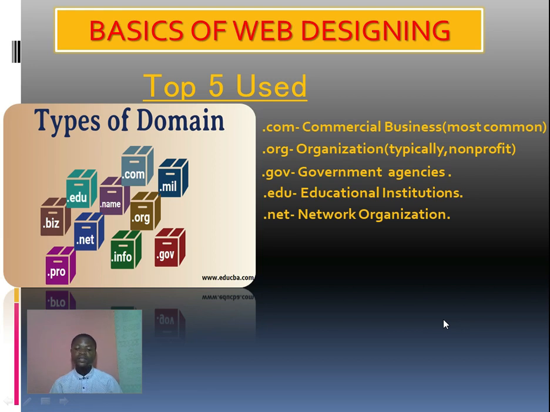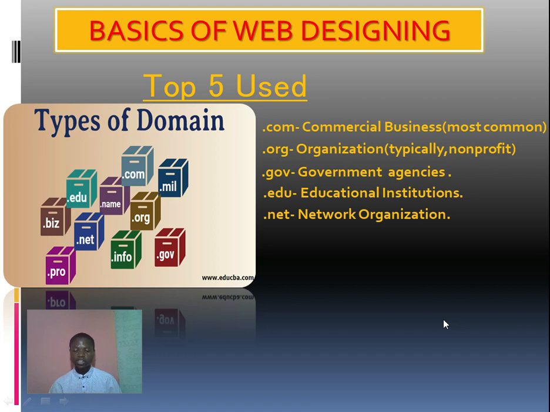You cannot be running a school and then decide to get .com or .net for your school. It is impossible, because your business is entirely different. If you are getting a domain name for schools, you are going to use .edu.